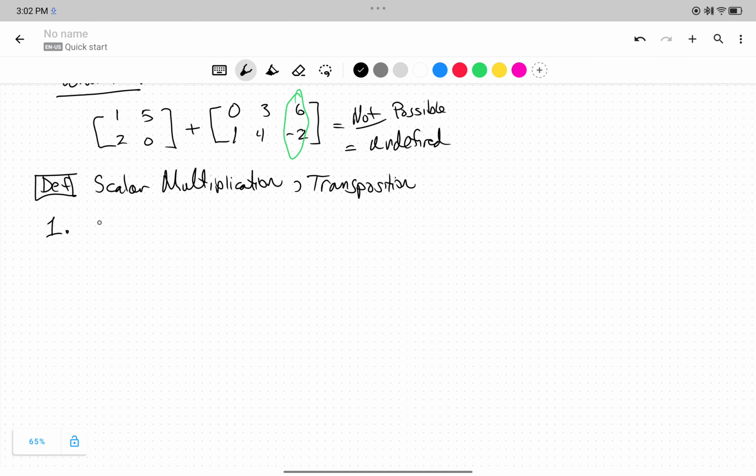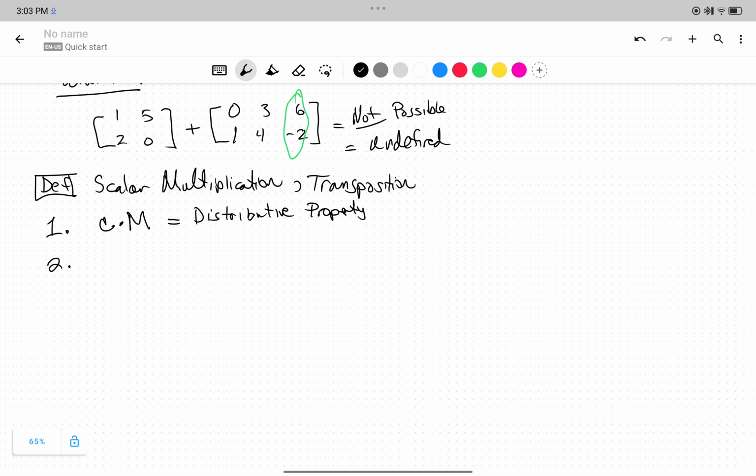And how is it that you're supposed to do this operation? The number gets multiplied with everything inside. In other words, the distributive property.